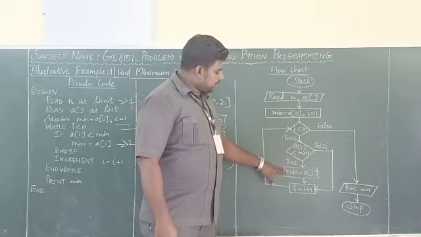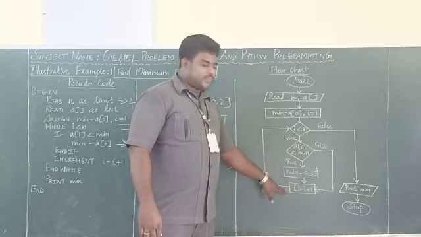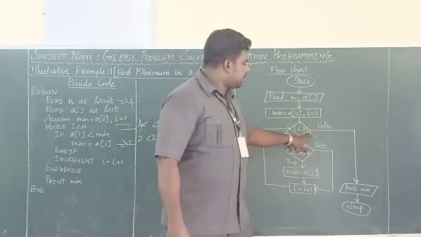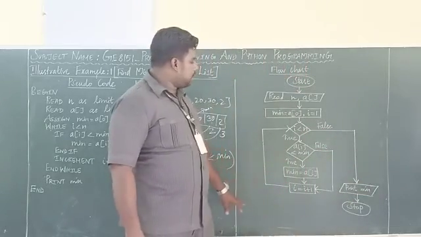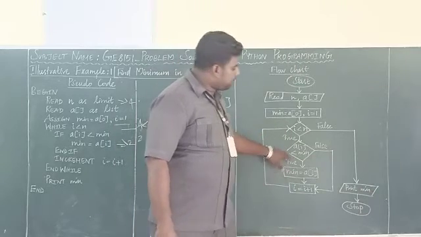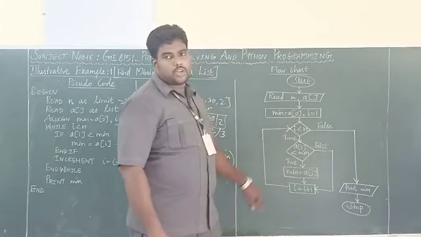If this condition is true, you have to assign that value as the minimum value. Then increment. Suppose here itself it is false, it will come out and print the minimum, the first position. Suppose here it is false, it won't assign the minimum, it will come and increment. Again it will execute the while loop.